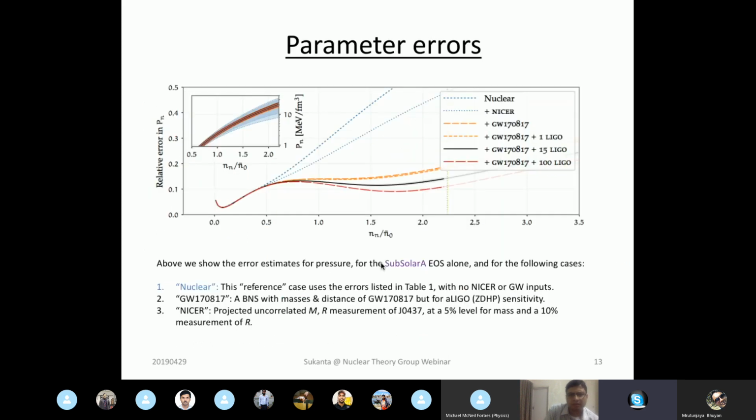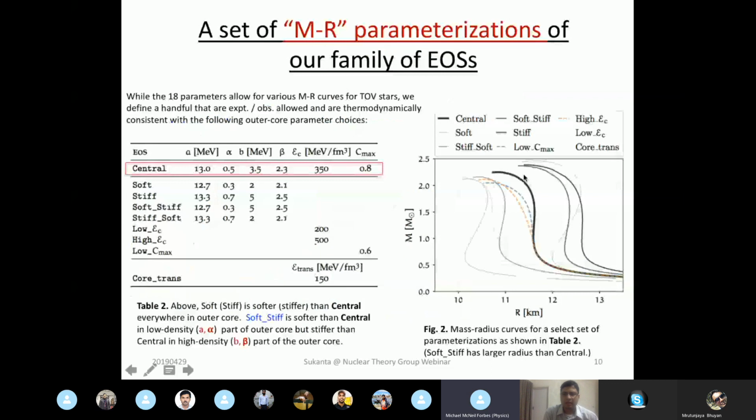But what I'm asking is that when you have this red line here and the black line, the central equation of state, how do they stand in the mass radius curve? Oh, so remember these are errors. So we don't have that precisely, but one thing you can do, the black solid line is the central equation of state, and then the outermost variations here are basically at the limits of nuclear errors.